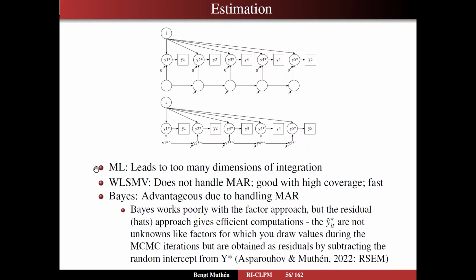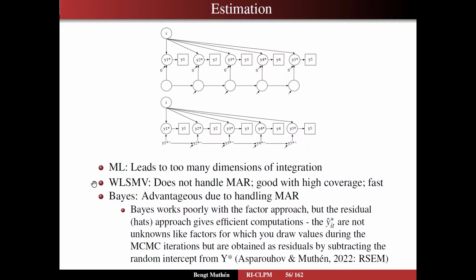But ML in principle has the advantage of handling missing data optimally. It is in line with what we call FIML, that is, missing data under the so-called MAR assumption. An alternative is WSMV, which is a very good estimator.